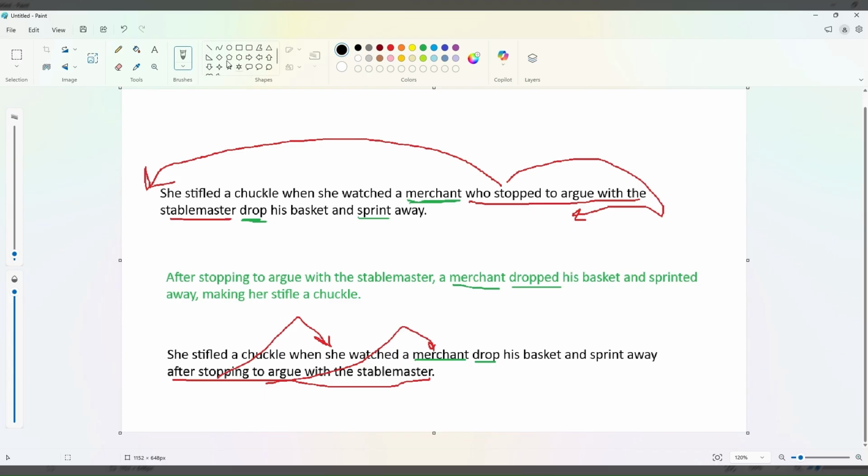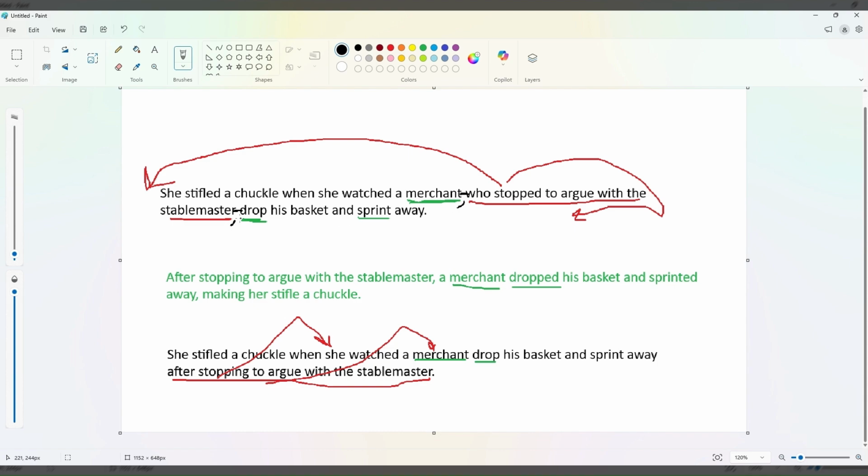There's also another option. We could use punctuation to fix this. The em dash actually is really handy to help visually for the reader to see what's going on here. So we say she stifled a chuckle when she watched a merchant, and we put an em dash here, who stopped to argue with the stable master, put an em dash there, drop his basket and sprint away. Similarly, we can do commas instead.